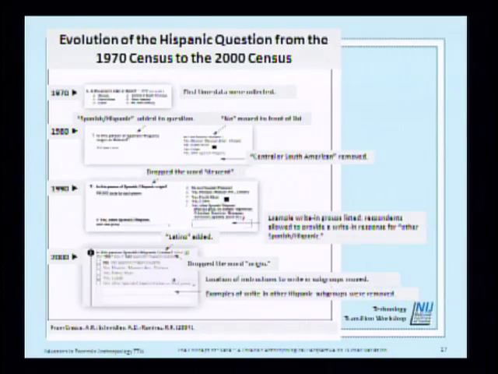So they dropped descent, switched it out for origin, then they dropped that, then they added Latino. And I know Latino means a specific cultural entity. If you call, for example, someone from Panama Latino, they'll look at you like, what the heck are you talking about? What is that? And there's a new term too, Ladino.